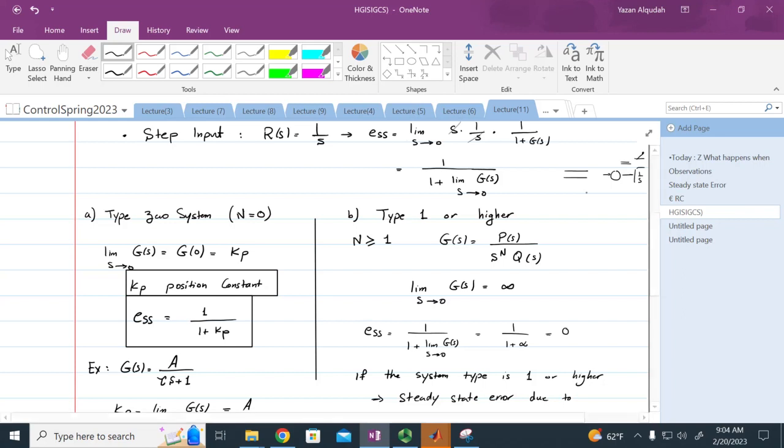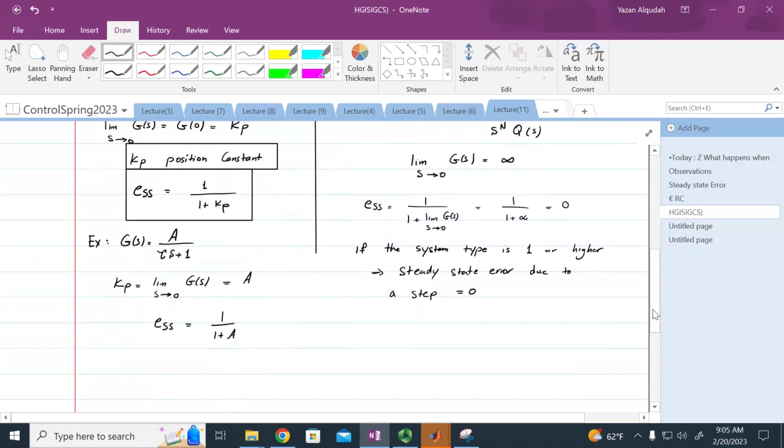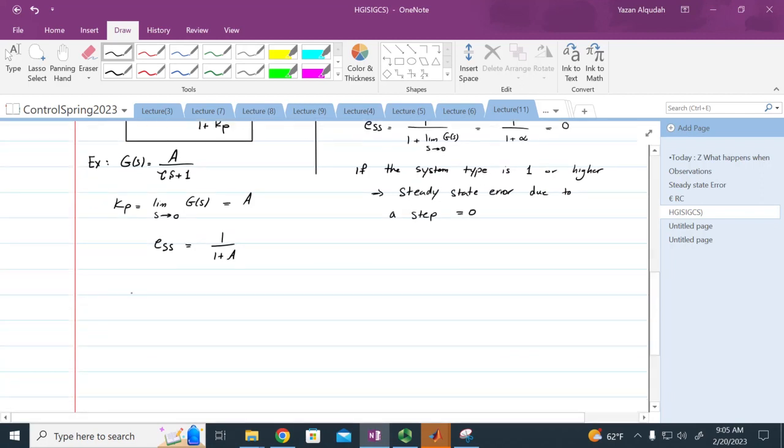And this is mathematically what we're getting if it is type 1 or higher. So all we need is one integrator in the system to have a steady state error equal to 0. And that is because the step is a very slow function, isn't it? Just a constant. Very, very slow.